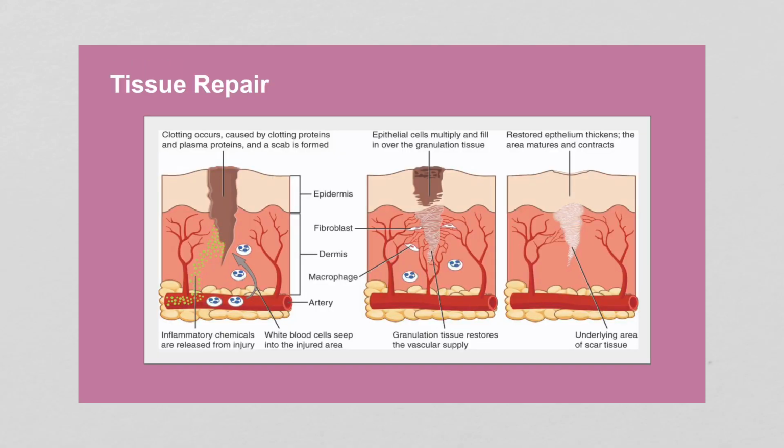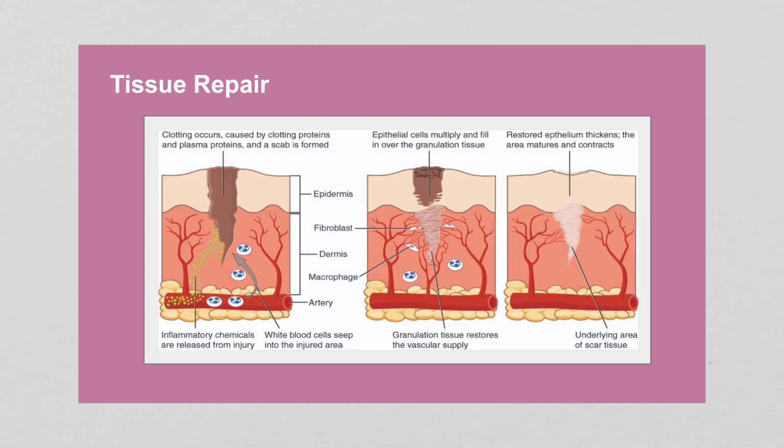In each organ system, we're going to look at repair in those organs, but before we get into the details, you need to kind of have a global understanding of what happens during tissue repair. There's 3 major steps when there's an injury. The first step is inflammation.